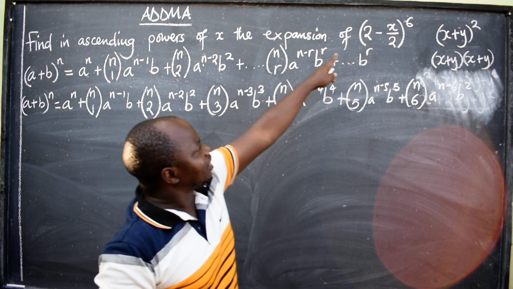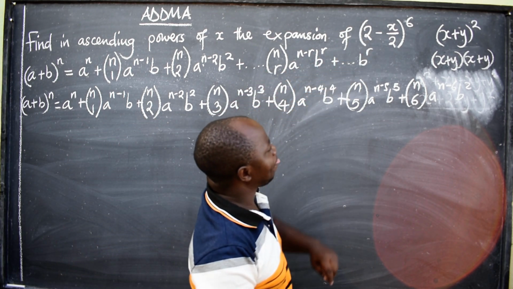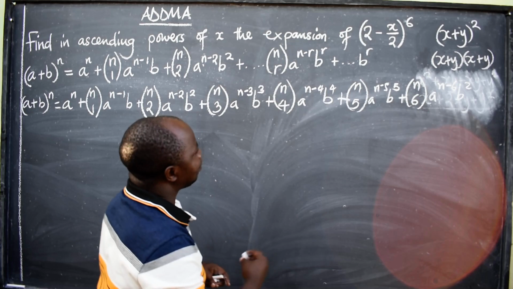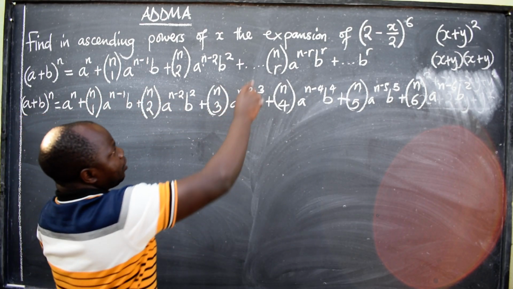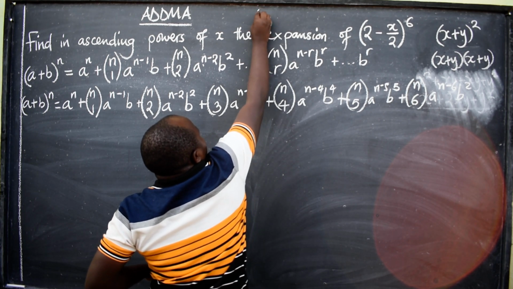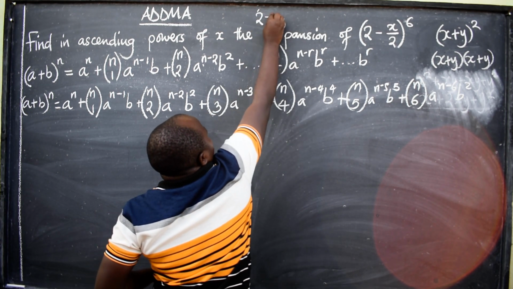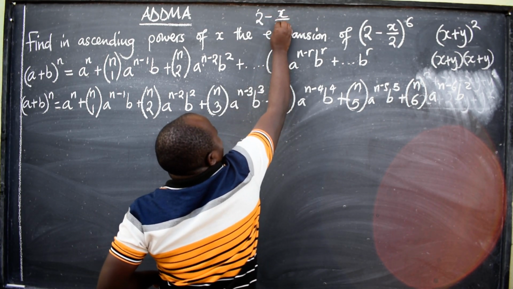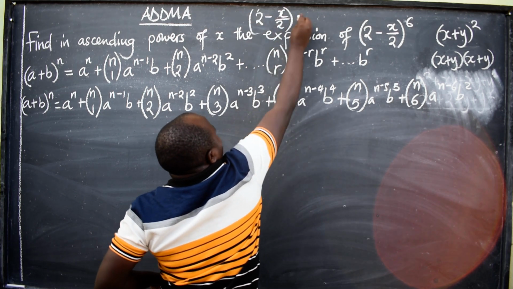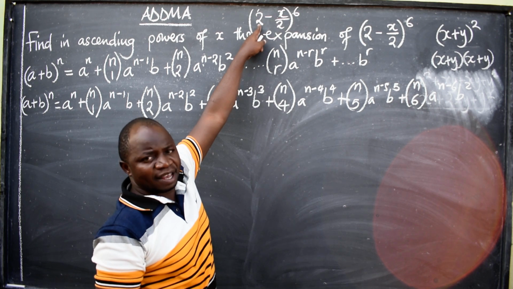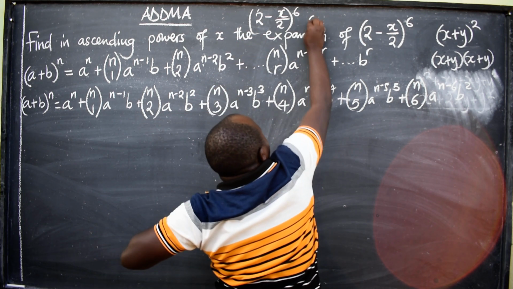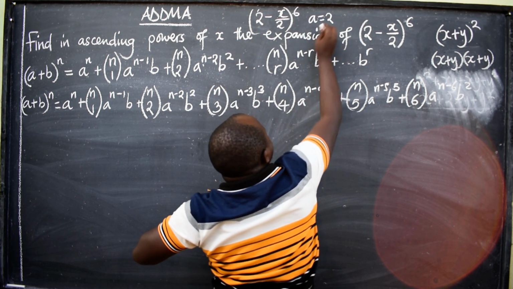Well, the expansion is this one here. So we need to know what we need to substitute in here. So looking at that expansion, which is (2 minus x over 2) to the power 6, the first term is your a. So in here we have a is equal to 2.